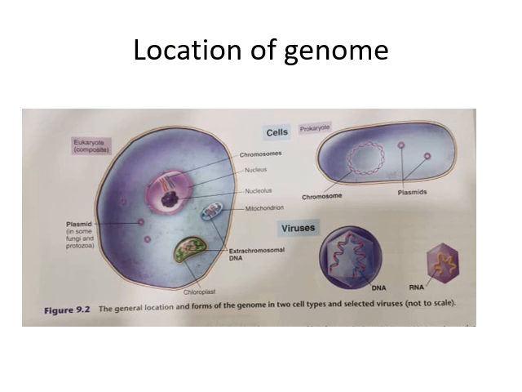Where can you find the genome of the cells? So basically, these are the general locations and the forms of the genome in two cell types and selected viruses. We have eukaryotic cells. The genomes are the chromosomes and plasmids. The chromosomes are located in the nucleus, all right?